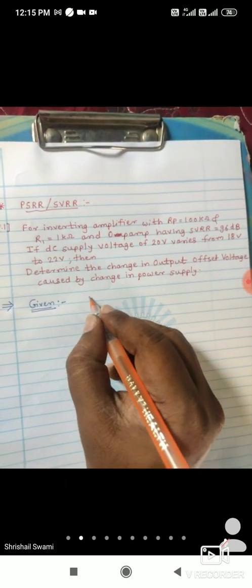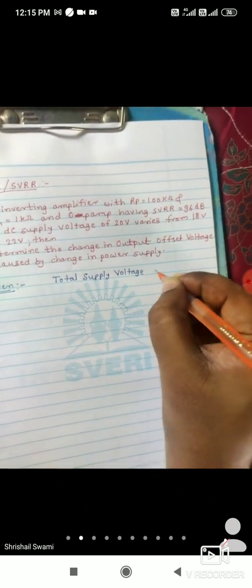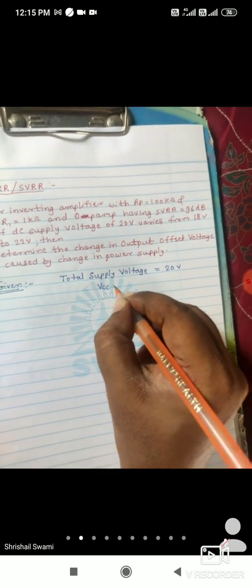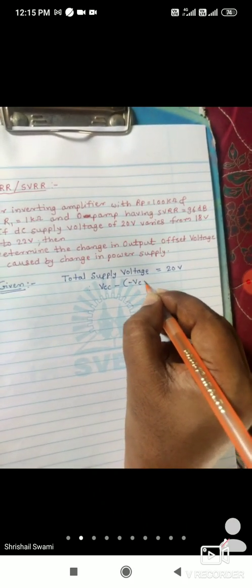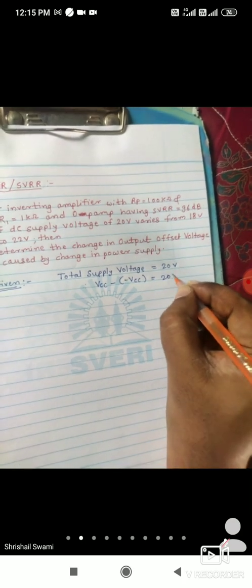So before that we have to write the given things. What are the given things here? Here the total supply voltage is given, that is equal to 20 volt, that is VCC minus of minus VCC is equal to 20 volt.